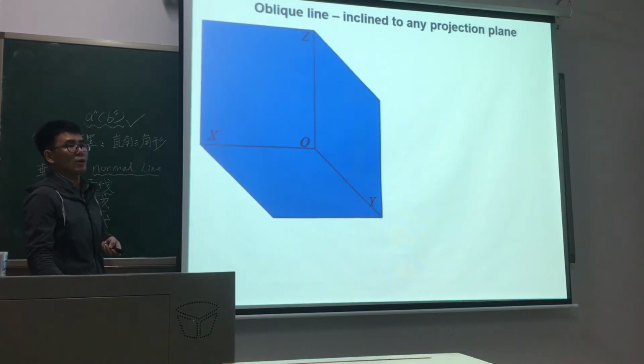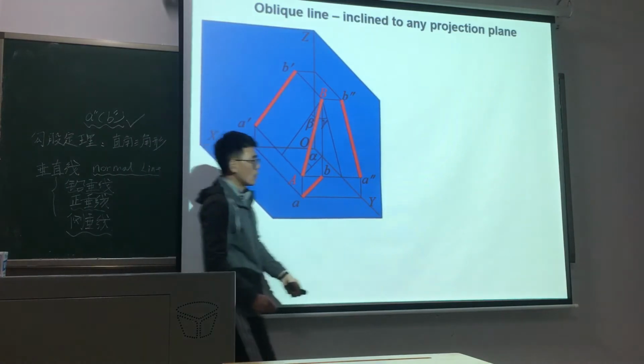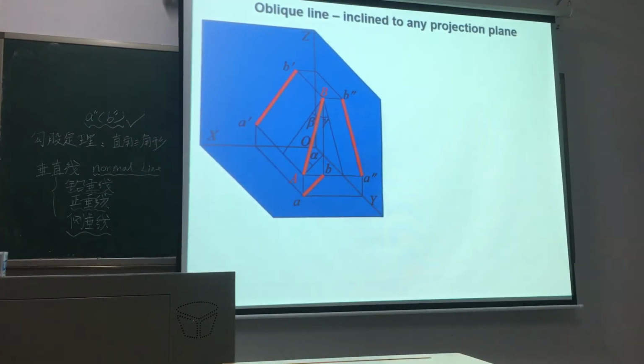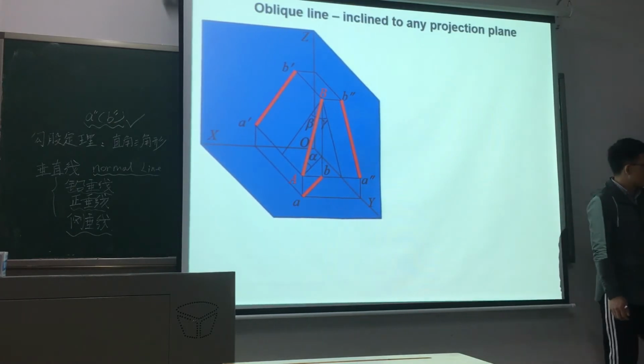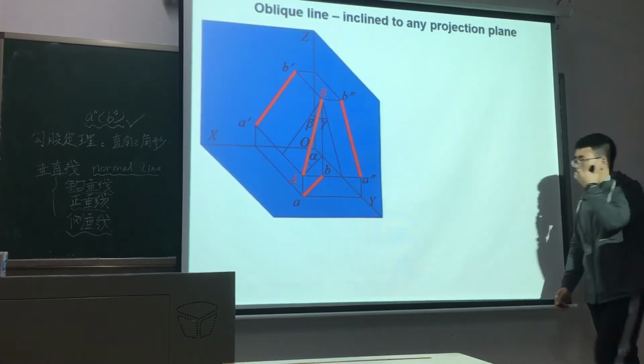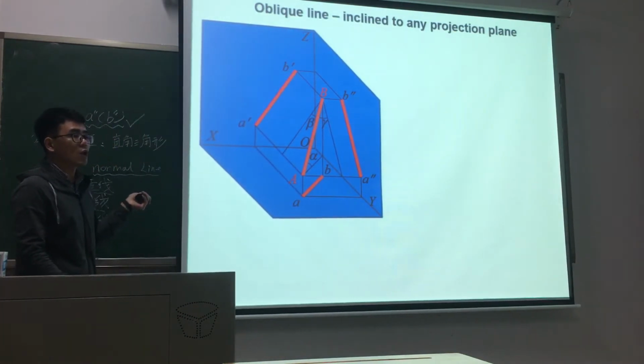The last one is called the oblique line, a common line, meaning an inclined line: this line is inclined to all three projection planes. So this is the common line.